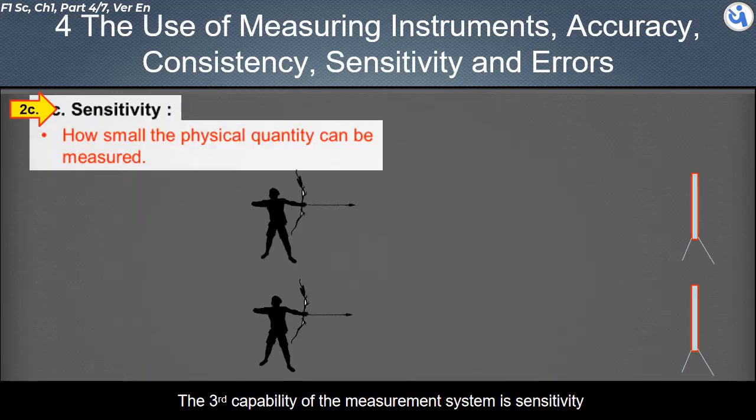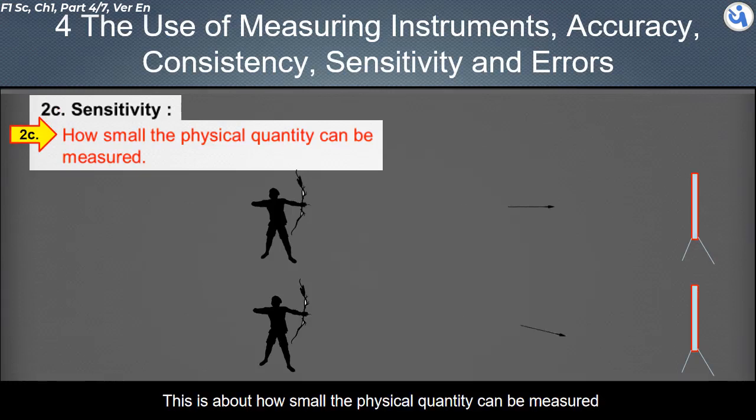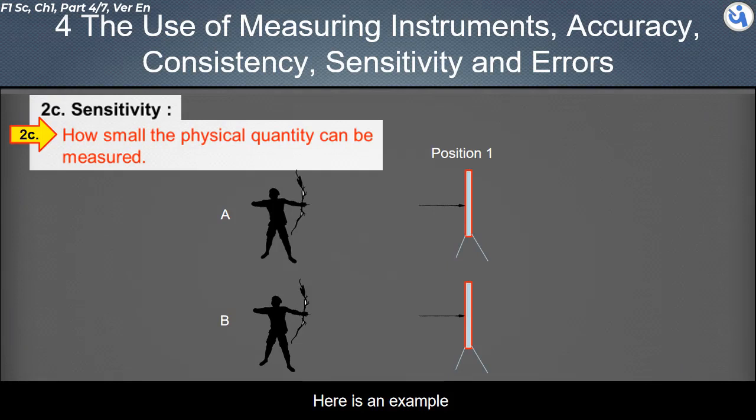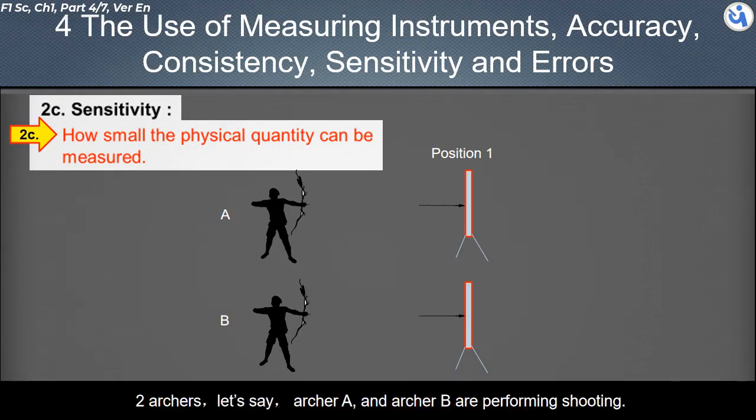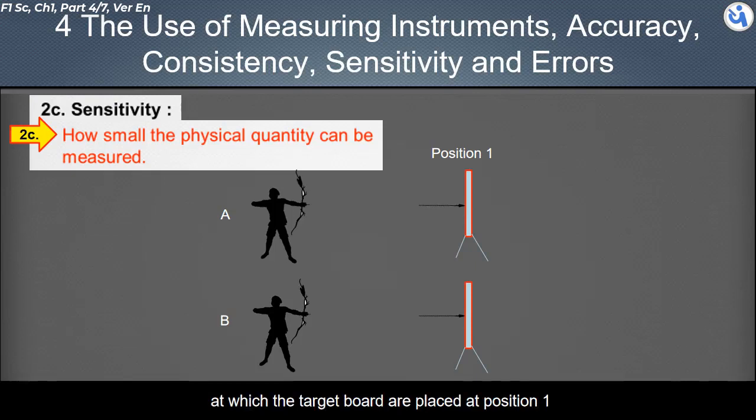The third capability of the measurement system is sensitivity. This is about how small a physical quantity can be measured. Here is an example. Two archers, archer A and archer B, are shooting, and the target board is placed at position 1, which is at a distance closer to the archers.